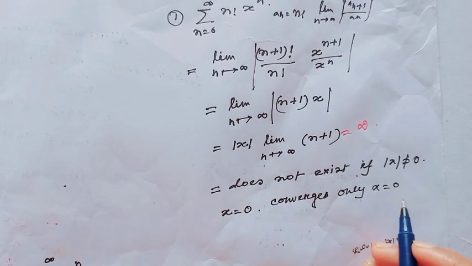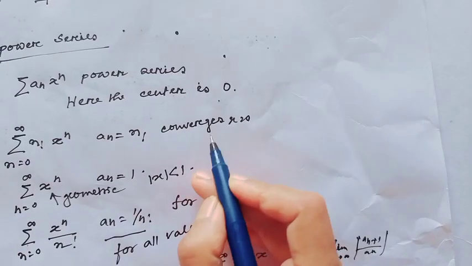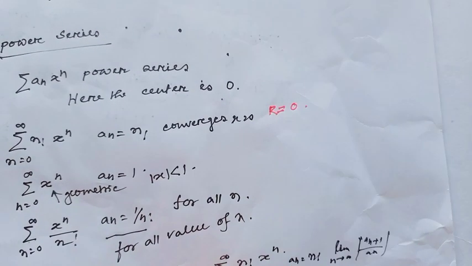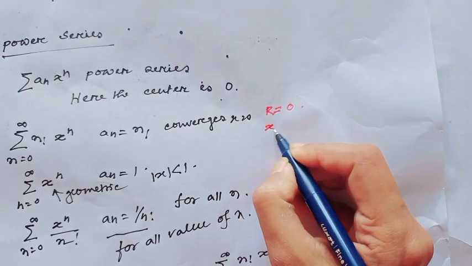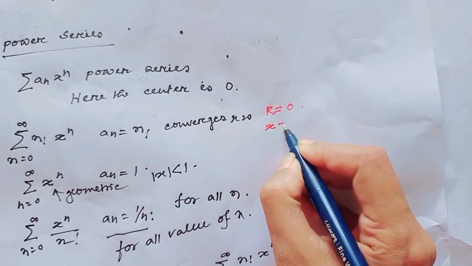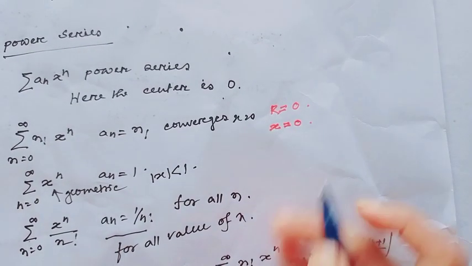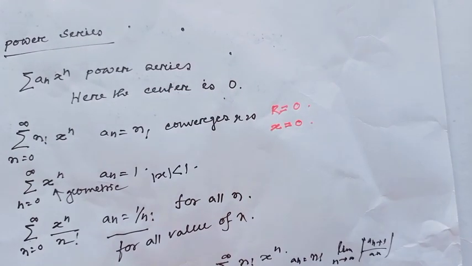That means for this example, the radius of convergence is 0, and the interval of convergence is, when x equals 0, only the point 0.